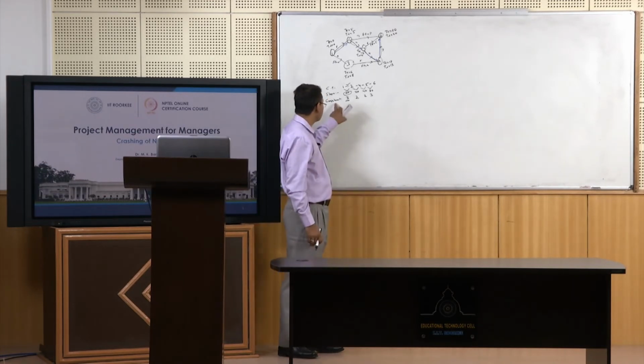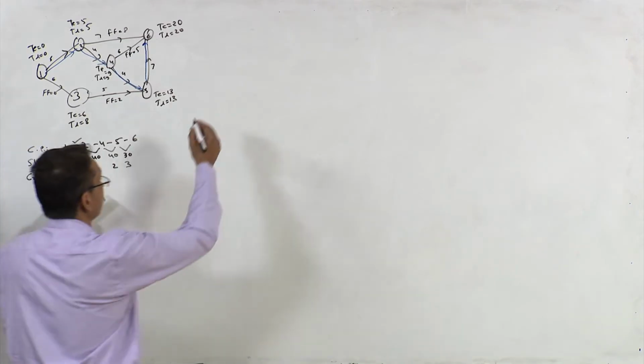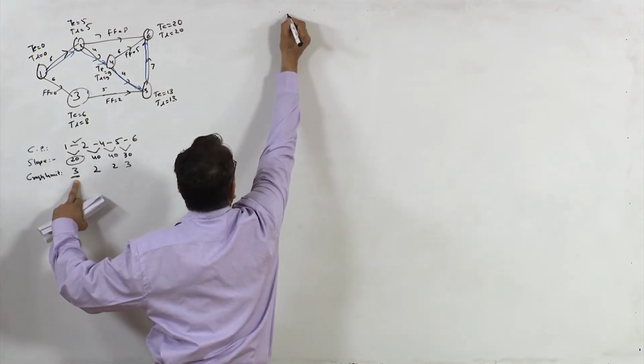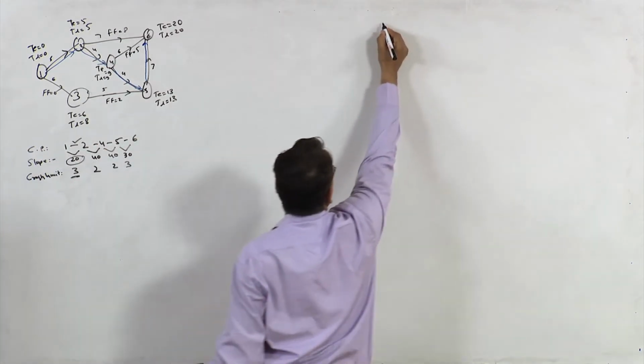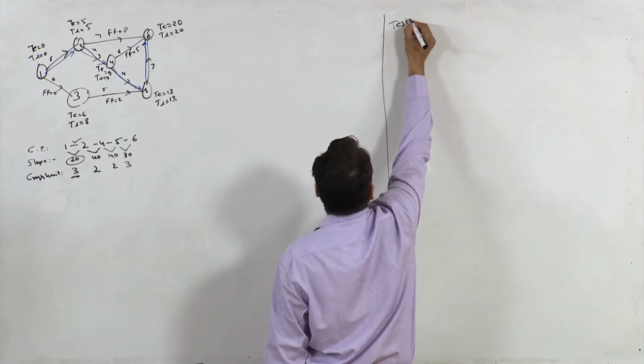So since this crash limit is more than 1, we will apply something called test step.